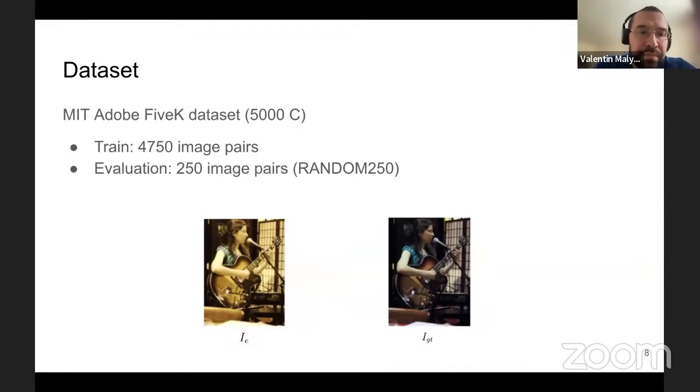For each image, there are 5 variants of improvement. But in the standard approach, all our previous works use only a single one, which seems to be the best.